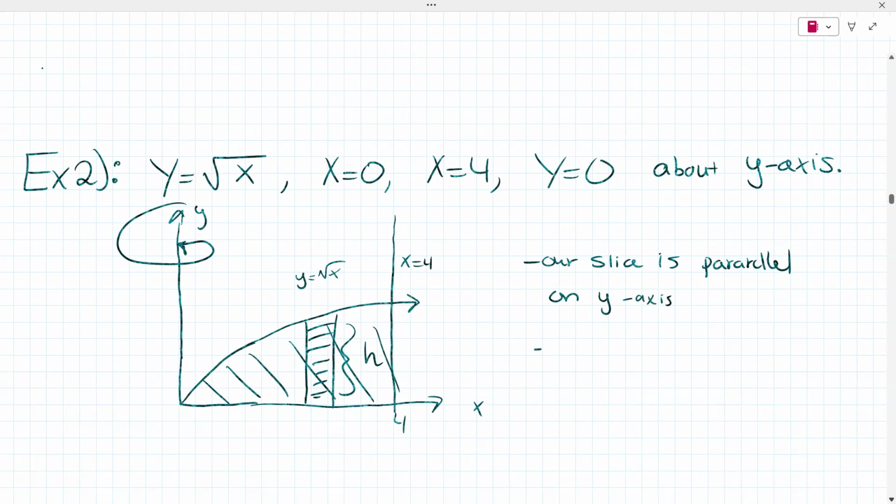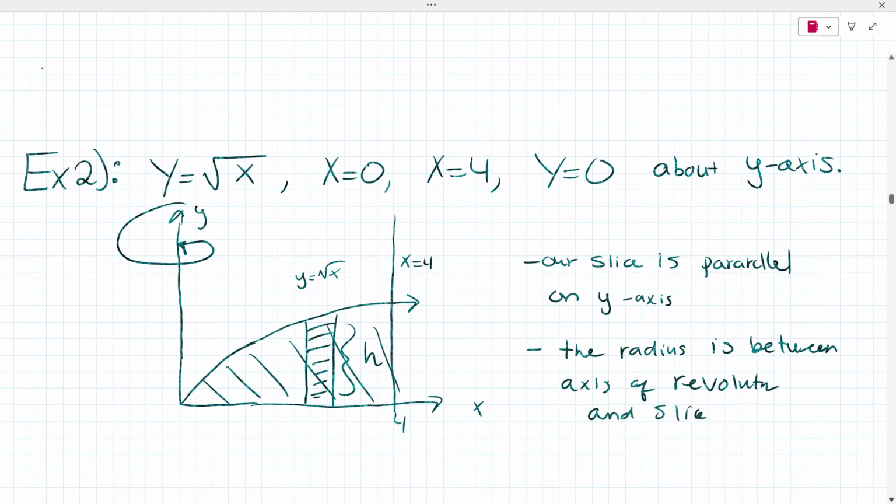So the radius is between the axis of revolution and slice. Okay.